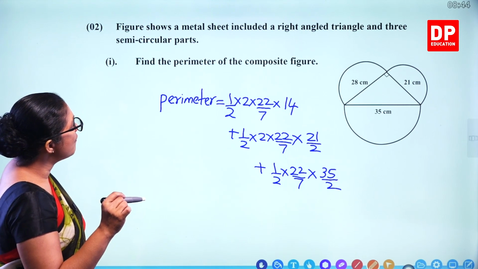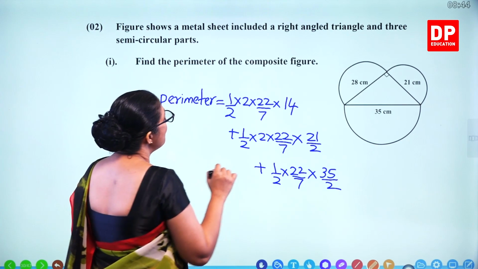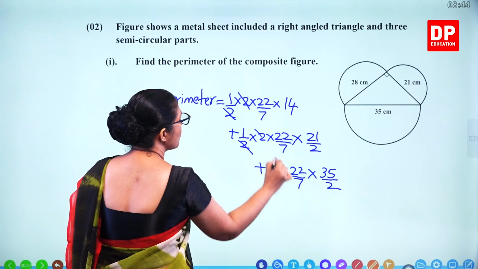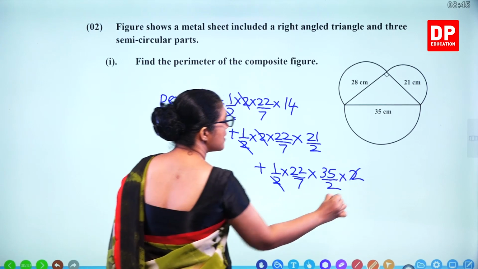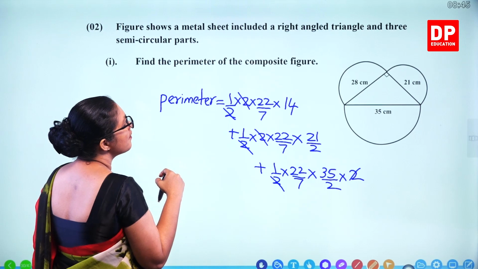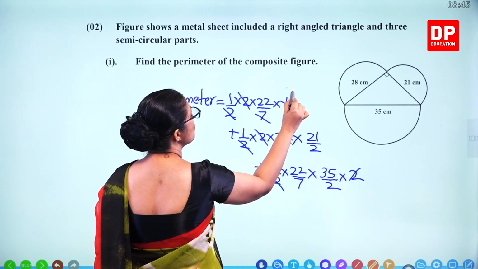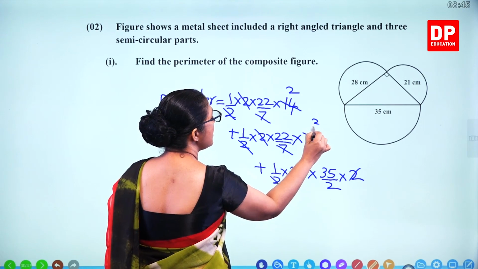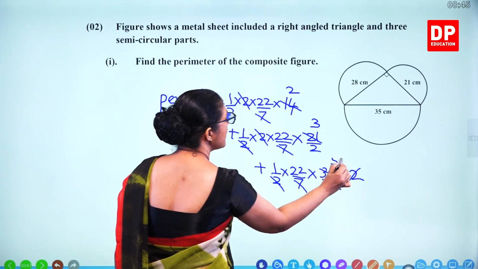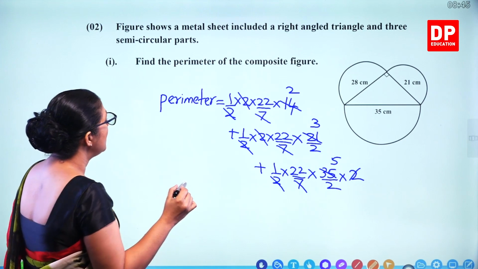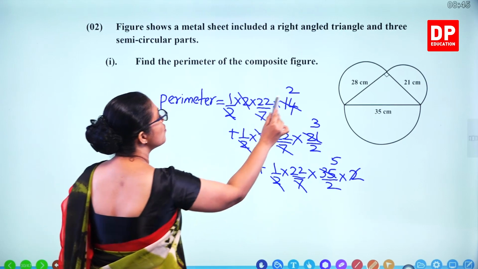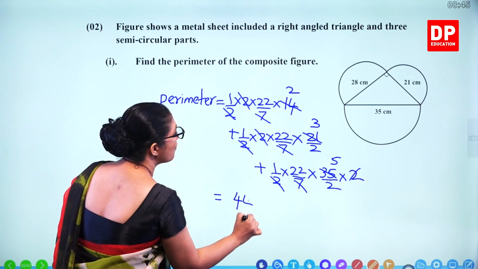Now we need to simplify. 2 gets cancelled out. Here 2 pi r, 2 is there. Then 7 times 2, 7 times 3, 7 times 5 here. Now we get 22 times 2, that's 44.